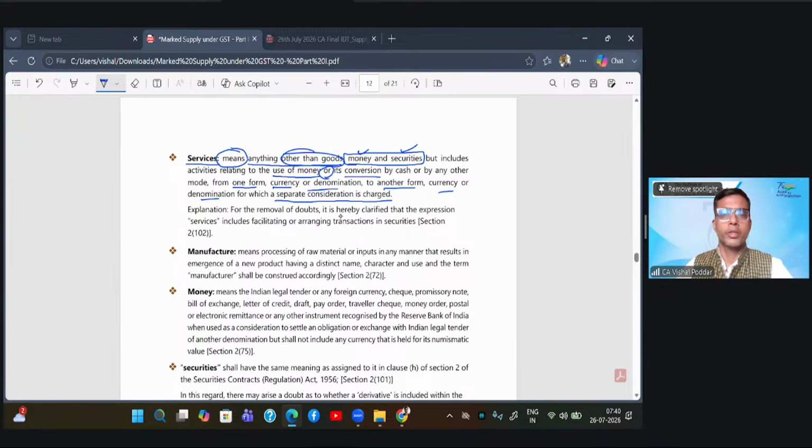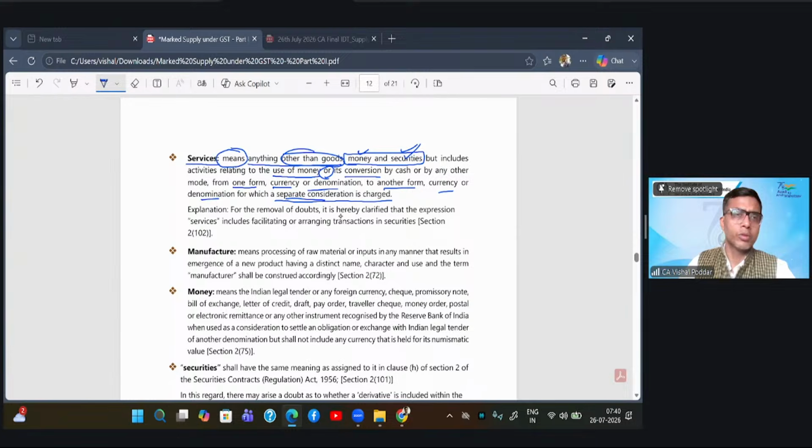So somebody wants their dollar to be converted to rupee, you are doing that, and again you are charging some consideration. So it is nothing but the money exchange activity. So money itself is neither goods nor service, but giving money on loan or exchanging the money for some consideration will be a service.